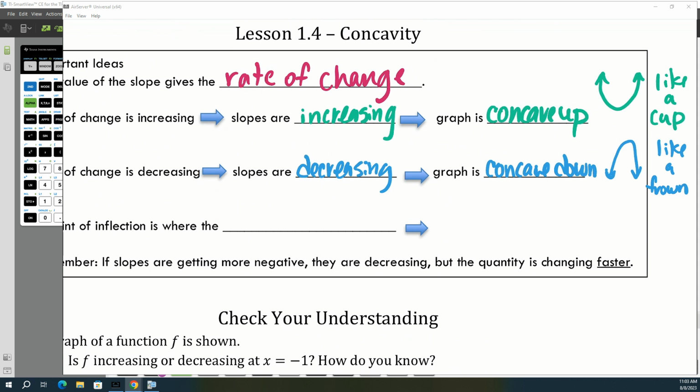And a point of inflection is where the concavity changes. And it also happens to be where the graph has the steepest slope. So we're changing from concave up to concave down or concave down to concave up, and there is the steepest slope at those points.